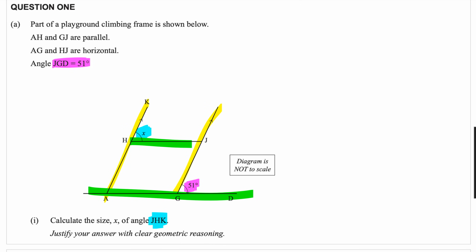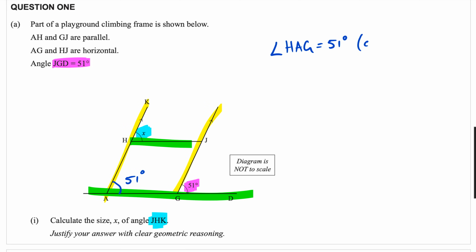With this one, what we need to do first is figure out, let me just choose a different color pen, I'm going to figure out what that angle there is first. So that's going to be angle HAG, and angle HAG is equal to 51 degrees. The reason is because you've got parallel lines, and of course they're going to be corresponding angles on two parallel lines.